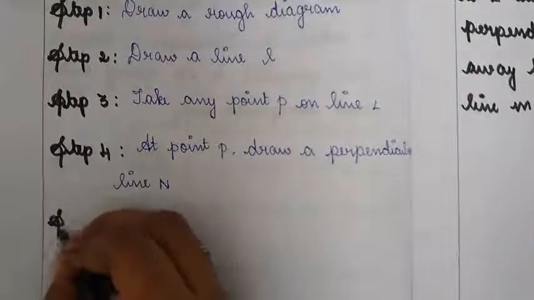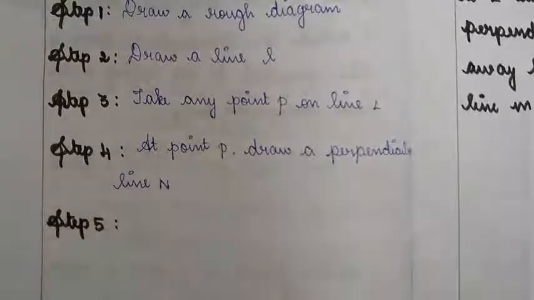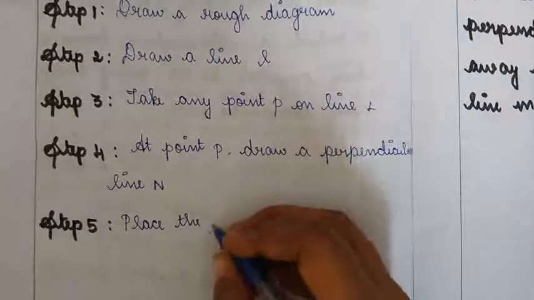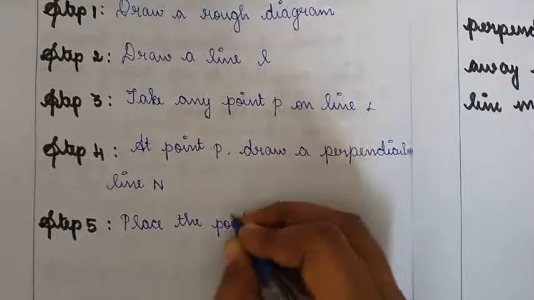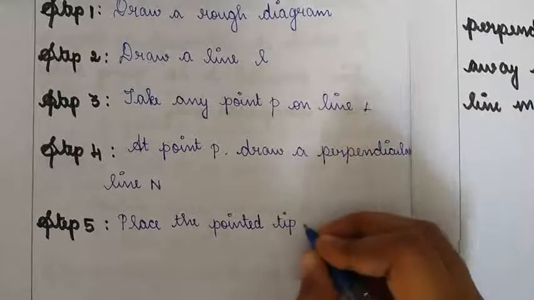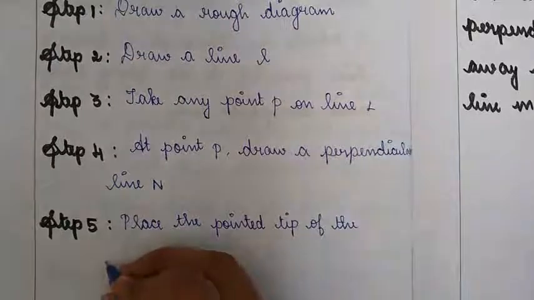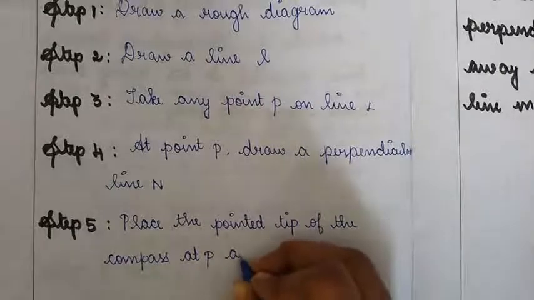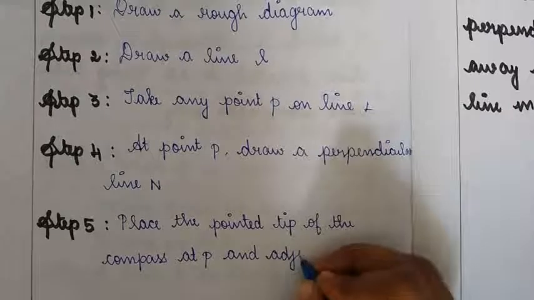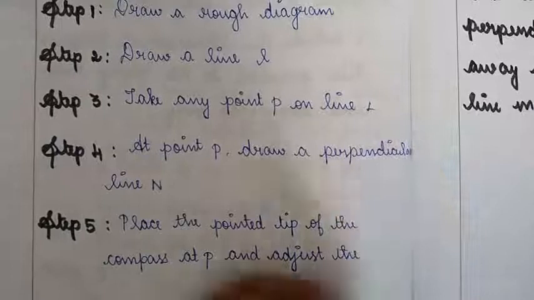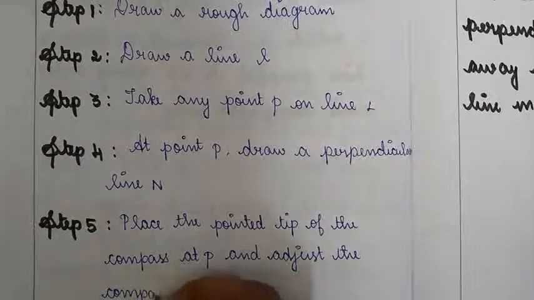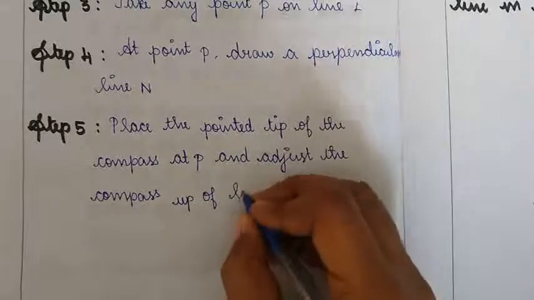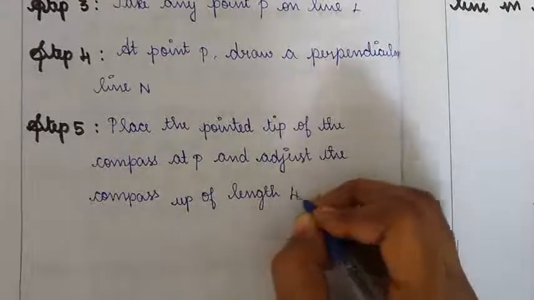Next, step number 5: place the pointer tip of the compass at P and adjust the compass to length 4 centimeter.